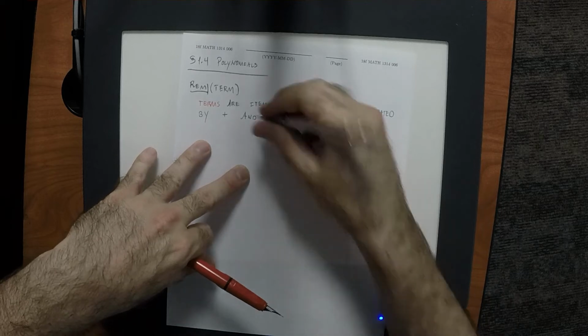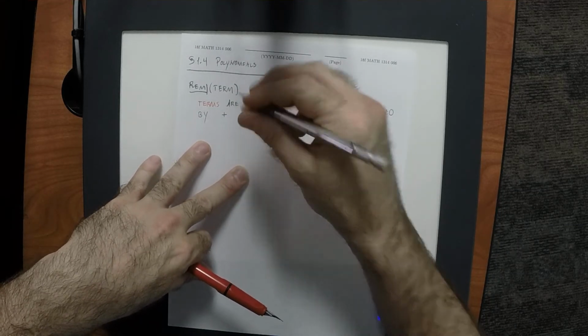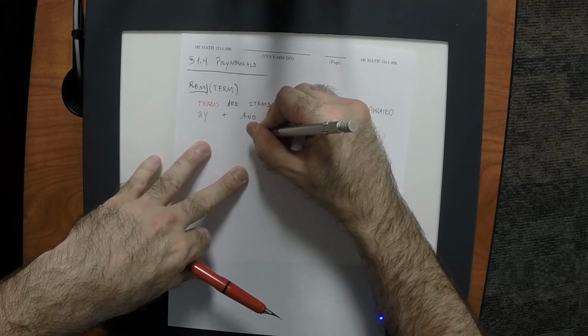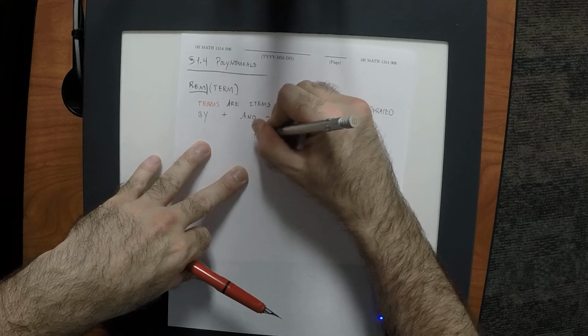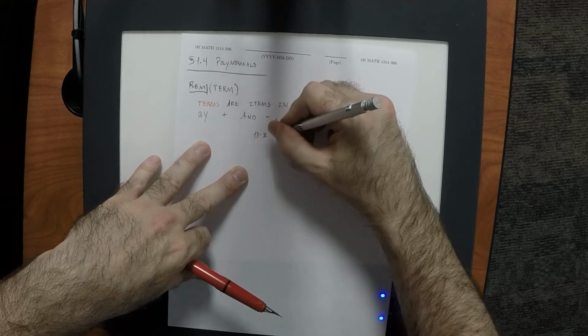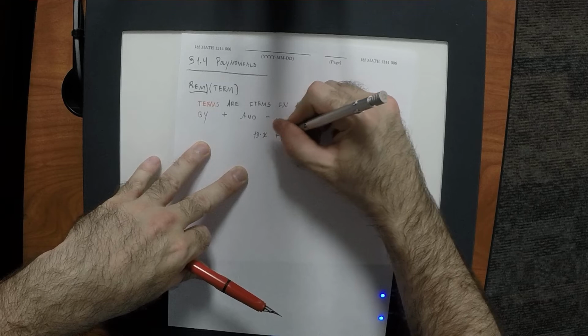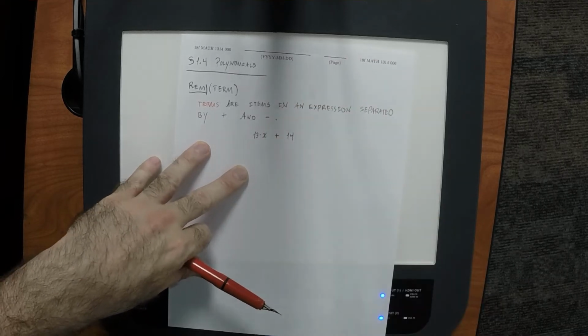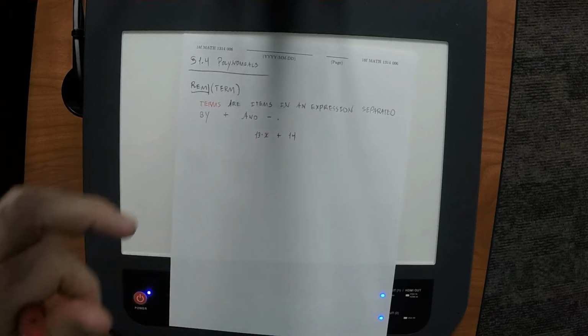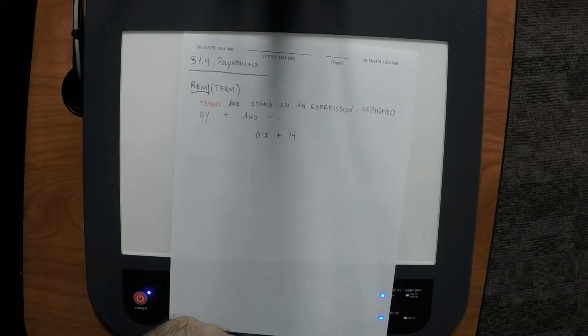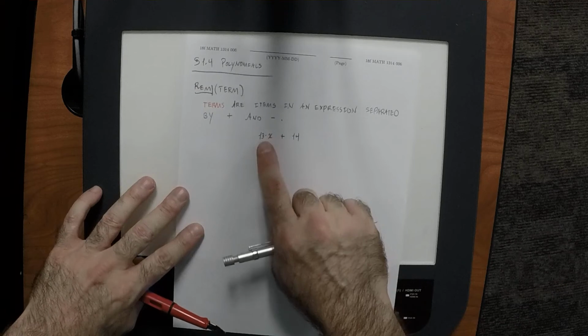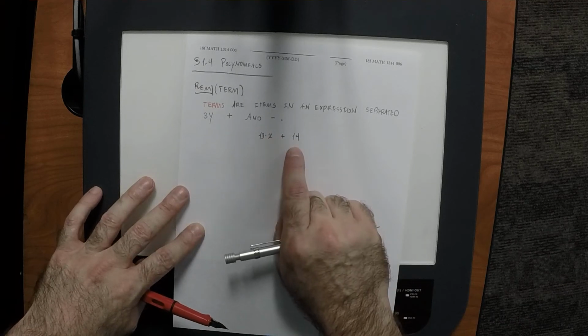So, for example, we could write something like this. We could write 13x, 13 multiplied by x, and plus 14, like that. So that's an expression, and it has 2 terms in it. Okay, there's one term, and there's another term.